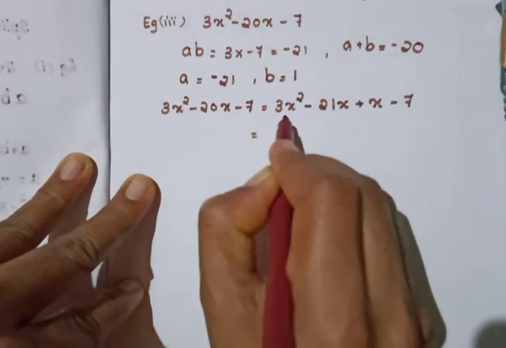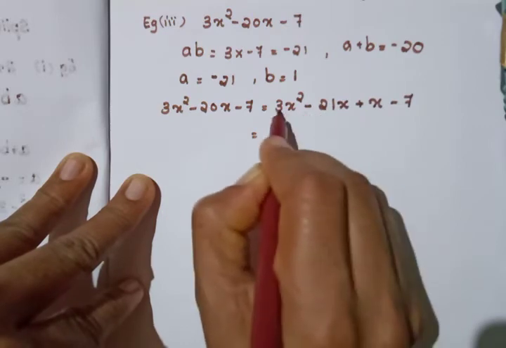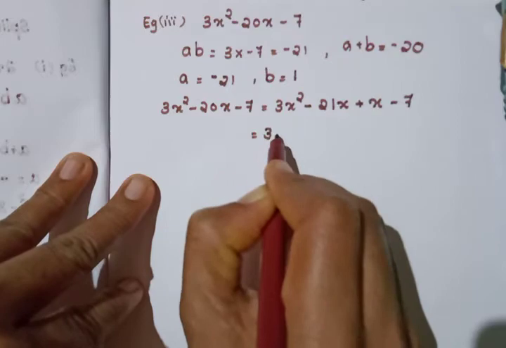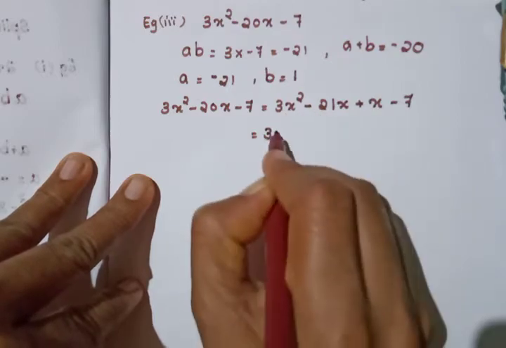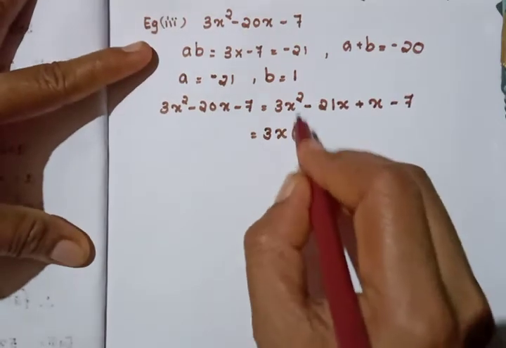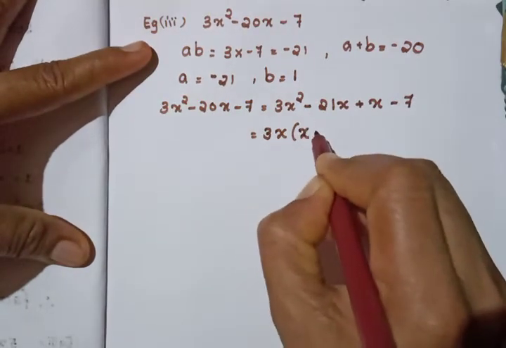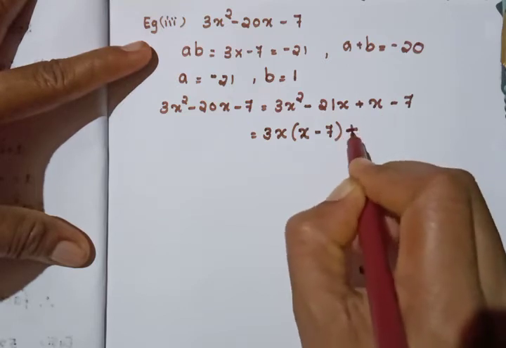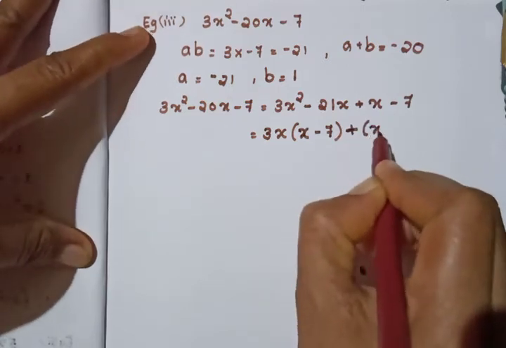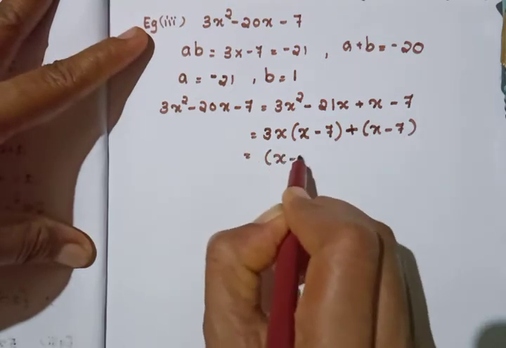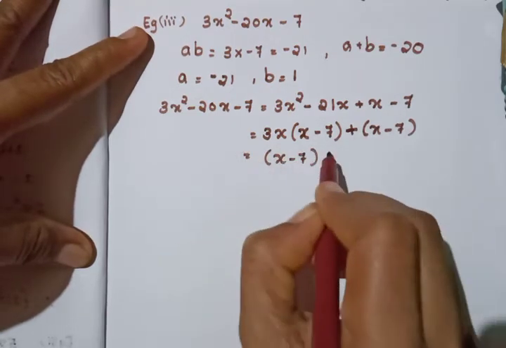Is there any common factor in 3x square and 21x? 3 and 21, yes, they are factors. And x is also common, so 3x we have taken outside. What is remaining here? x minus 7. Here nothing we have to take, correct? Just a positive symbol, put a bracket and x minus 7. So what is remaining here? x minus 7 is a factor taken outside.